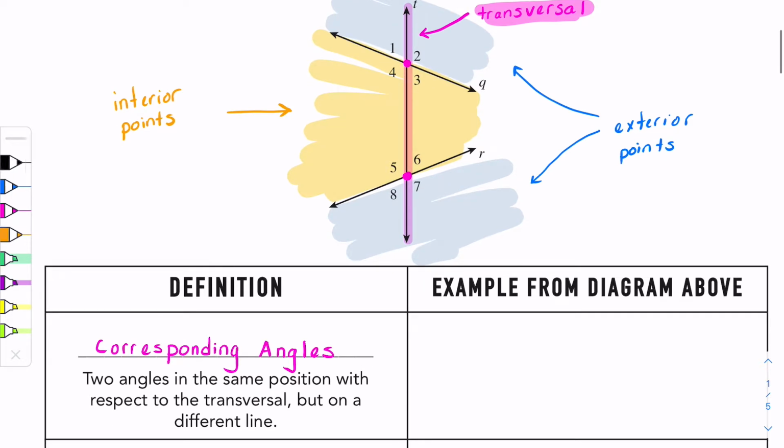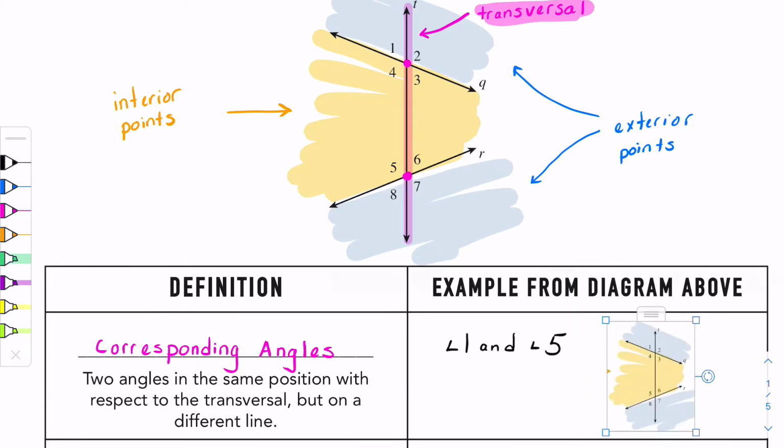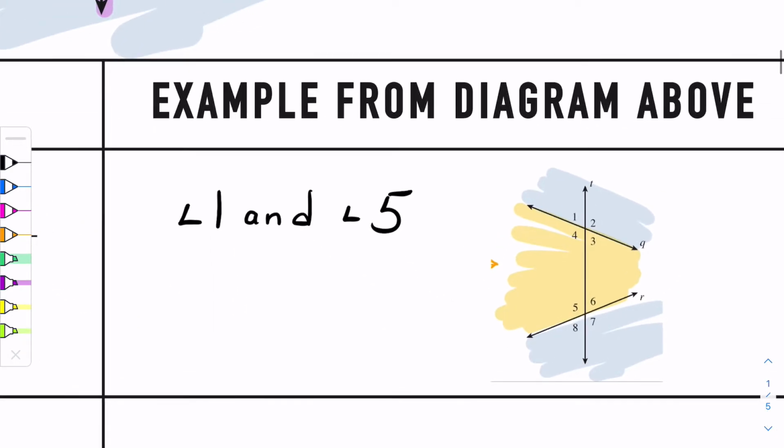So in the diagram, we could say angle 1 and angle 5. And I can put the diagram right in here so we can look at it a little more closely. So 1 and 5. If I was to identify more, we could say 2 and 6 are also corresponding angles.